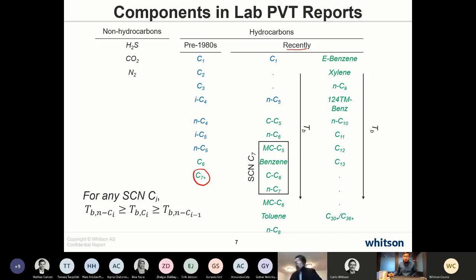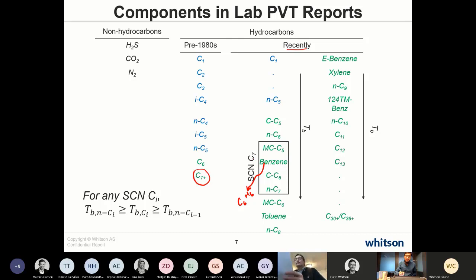And the definition of the single carbon number component C7 is not based on how many carbon atoms are in the component. So let's say if we have benzene, for example, benzene is C6H6. It has 6 carbon atoms, but it is part of the C7 component. Because the way single carbon number components are defined, that definition is based on the boiling point of the component.